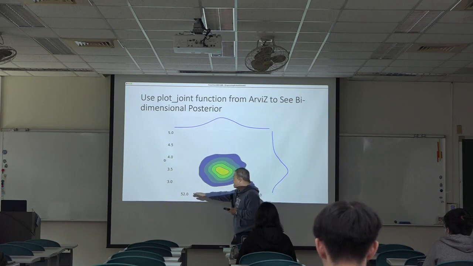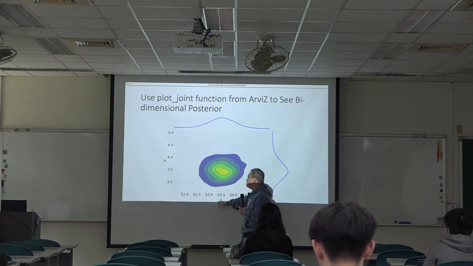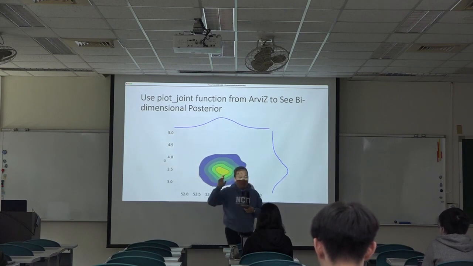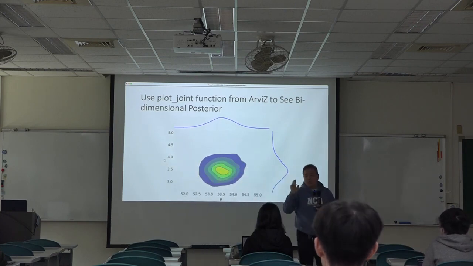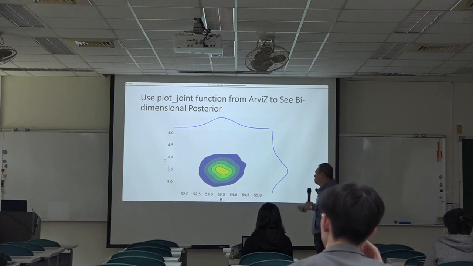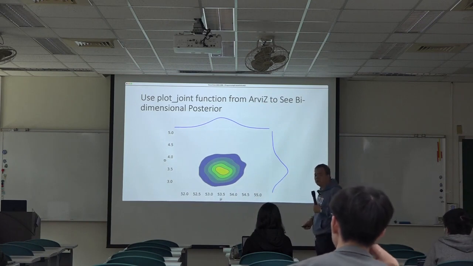The x-axis here indicates the value of mu, and the y-axis indicates the value of sigma. It's three-dimensional, but that's the best it can do.